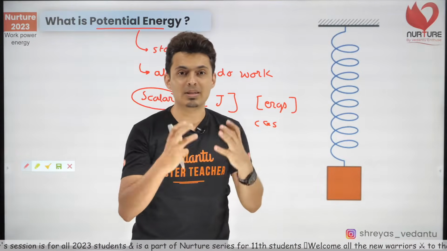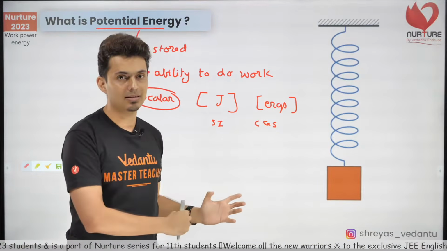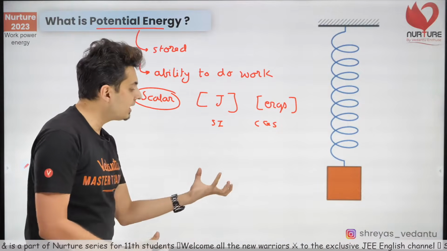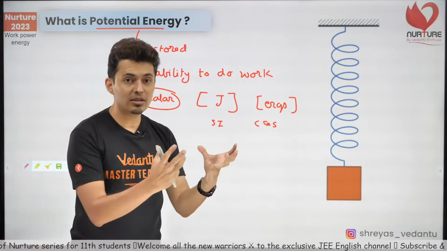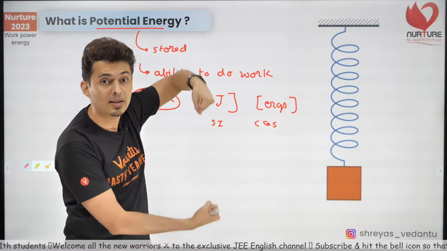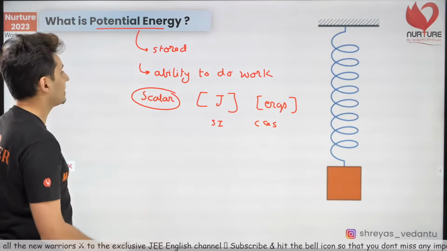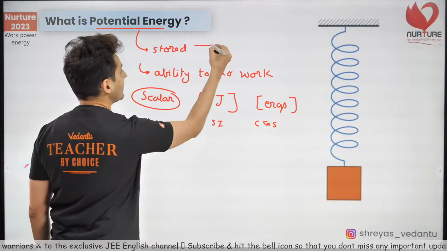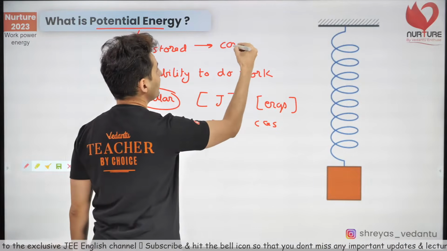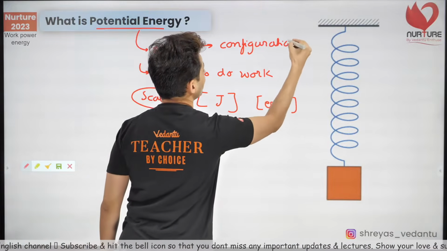All these terms define how much energy is stored in that particular system. Same way, when you take a mass and lift it up, how much energy is stored depends on that mass and how far you have separated it from the surface of the earth. All these things together define how much potential energy is stored. So this stored energy depends on the configuration of the system.